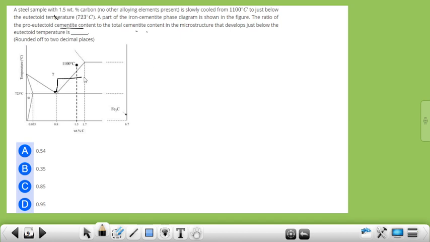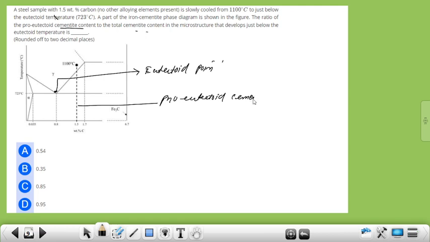So this is the eutectoid point. This line represents proeutectoid cementite.